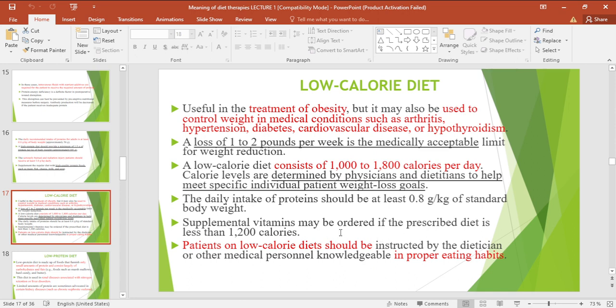And supplemental vitamins may also be ordered if the prescribed diet is less than 1,200 calories. The patients that are on low-calorie diets should be instructed by their dietitian or the other medical personnel knowledgeable in proper eating habits. So these diets are medically prescribed.